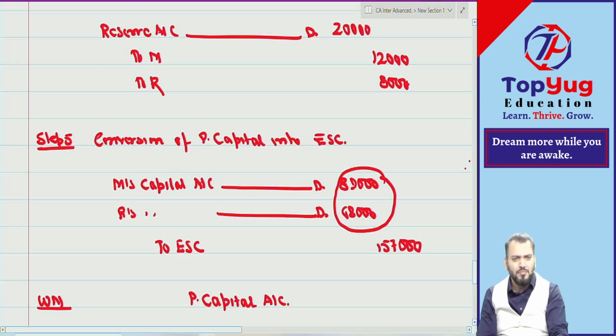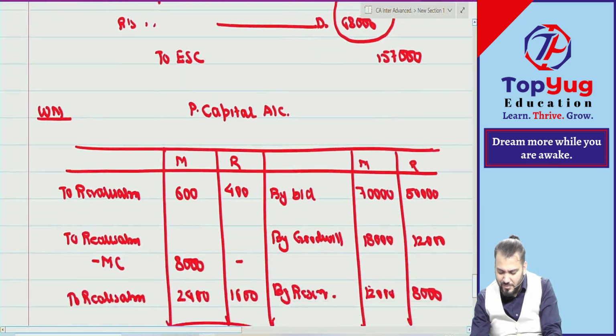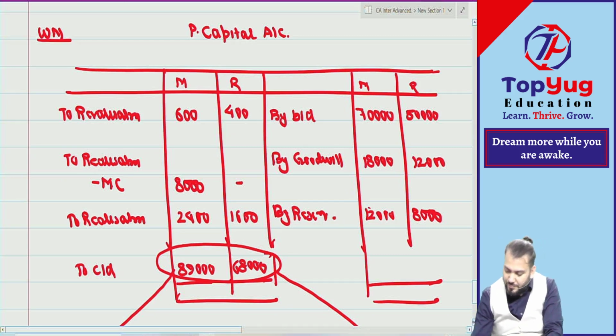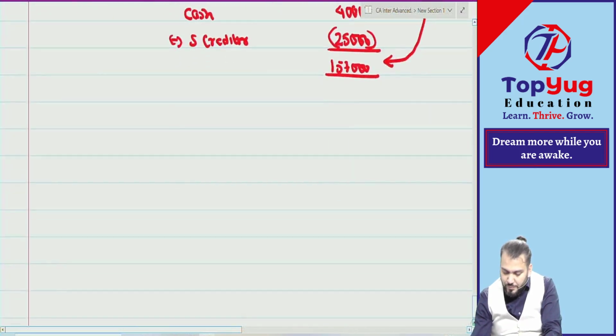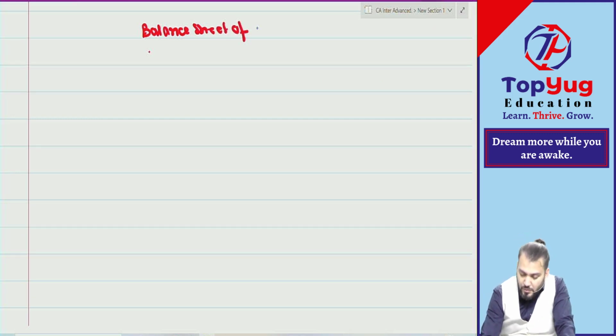Can you draw it on your own? Balance sheet of which company? Name given, A Limited. As at which date? December 91.